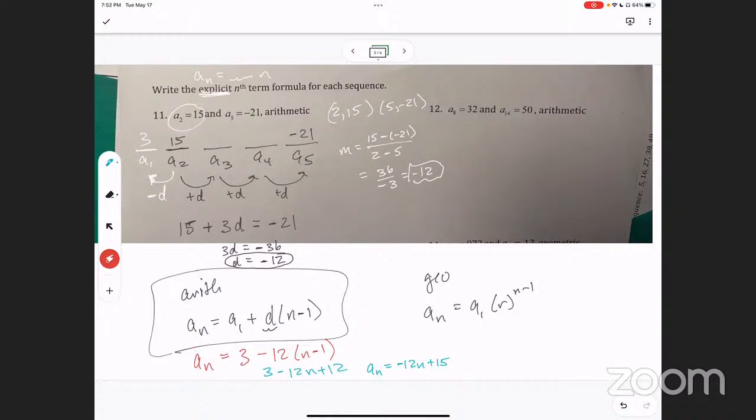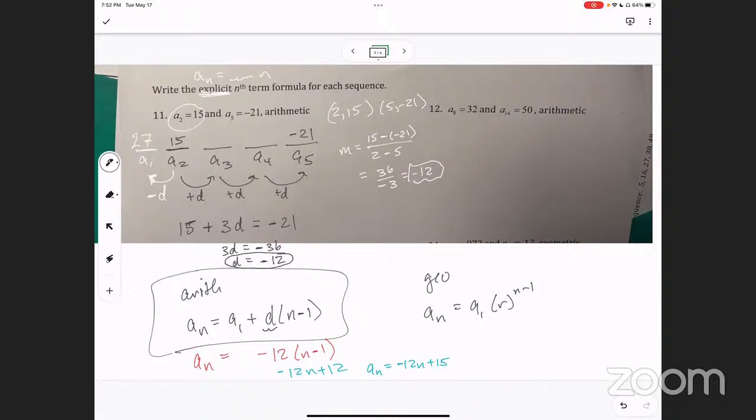No, hold on. 3 wasn't the right answer. That was dumb of us. It's not 3. You're doing negative, so you're adding 12 to 15. My bad. How did I not catch that? So this should be 27.